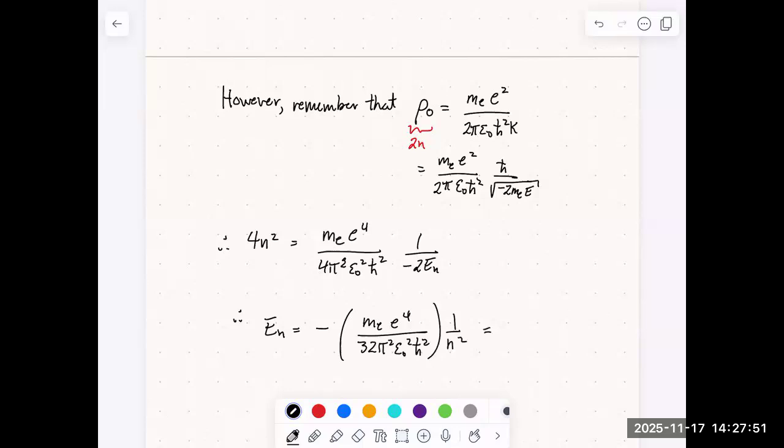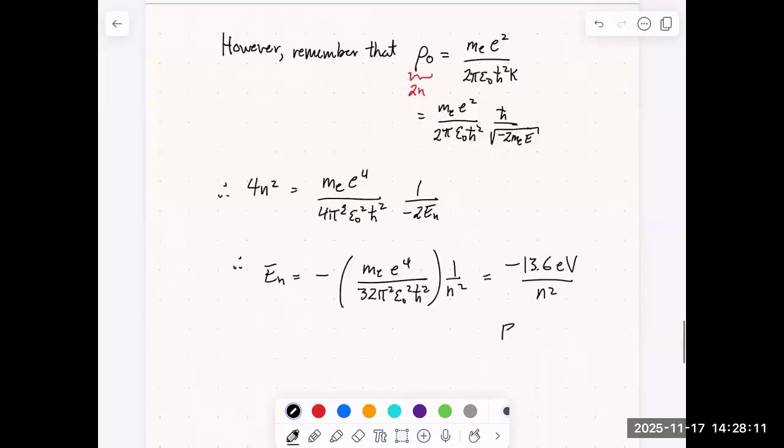These are all just fundamental constants or properties of the electron. All those values are known. If you put them in, this comes out to be what you probably already know, minus 13.6 in units of electron volts divided by n squared. And this is Bohr's famous formula.